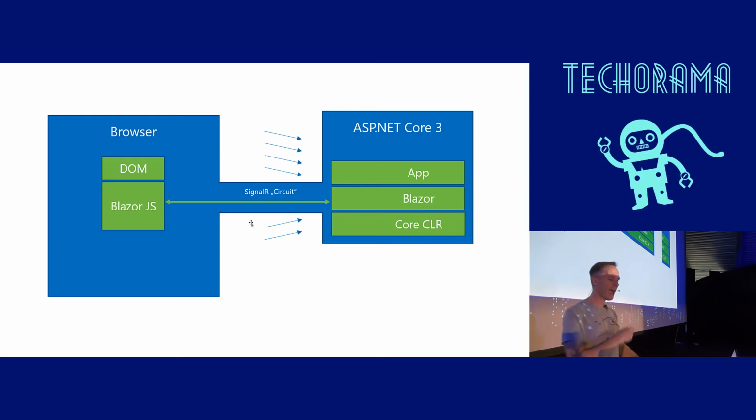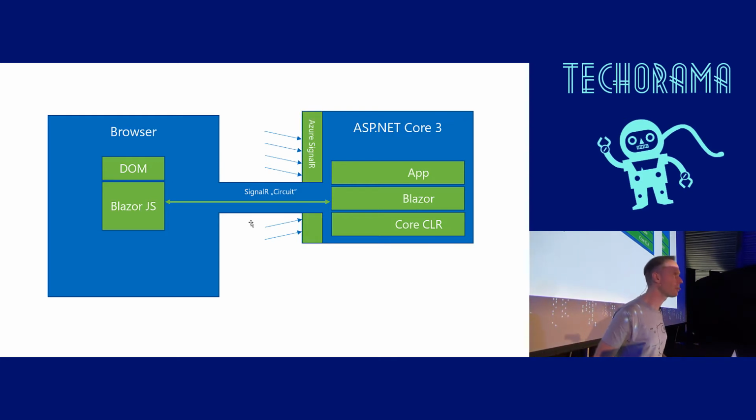Therefore, the Azure guys came up with a new service that works hand in hand with Blazor, the so-called Azure SignalR service. It's a multiplexer for SignalR. It can handle thousands and thousands, if you want hundreds of thousands of SignalR connections, and it's a complete serverless service. So you just say, Microsoft, give me a SignalR hub, and they will run it for you. And it will auto-scale. You don't need to deploy VMs. You don't need to launch VMs.